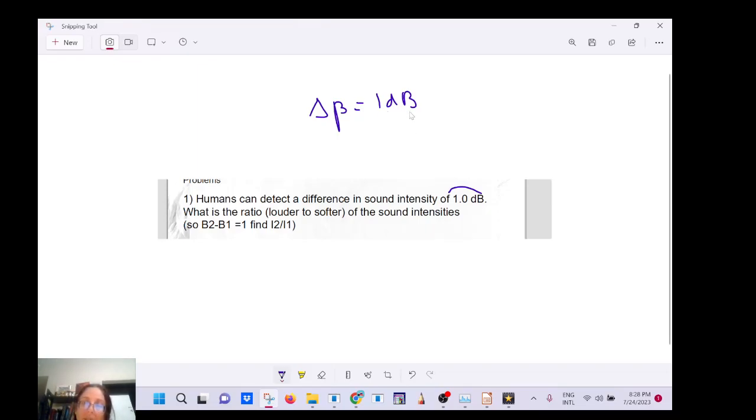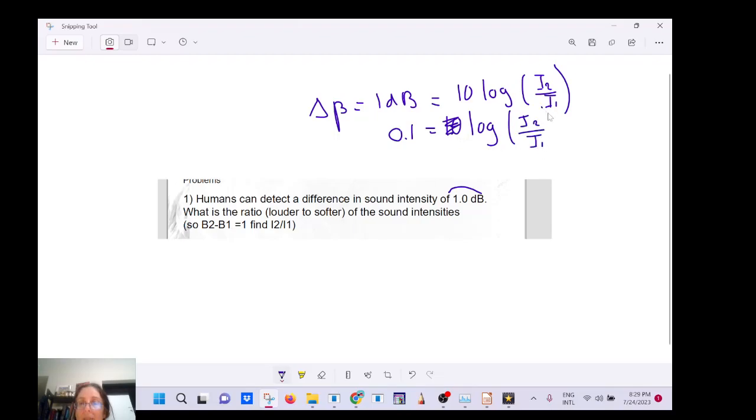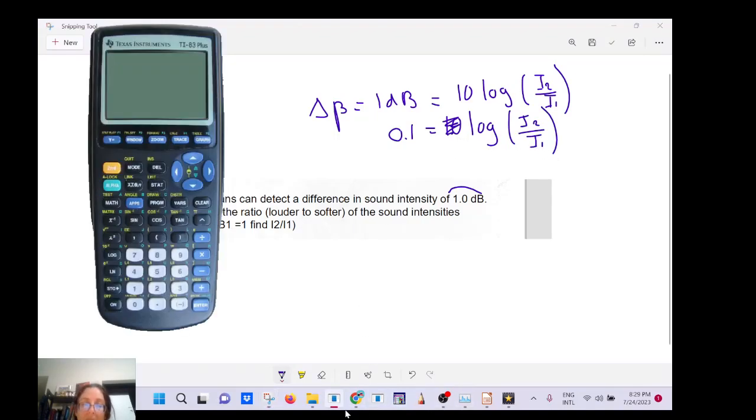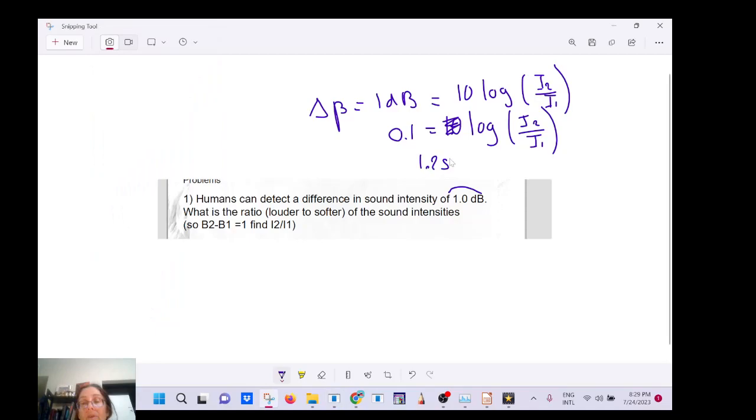Okay, so 1 dB equals 10 log I2 over I1. So that means 0.1 equals 10 log I2 over I1. So you can solve, and you get 10 raised to 0.1, and you get about 1.25.